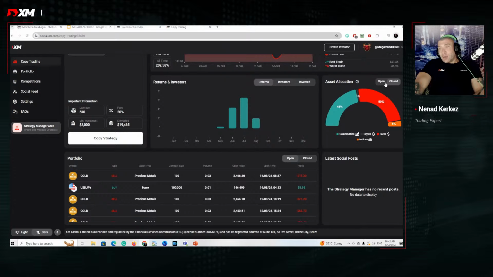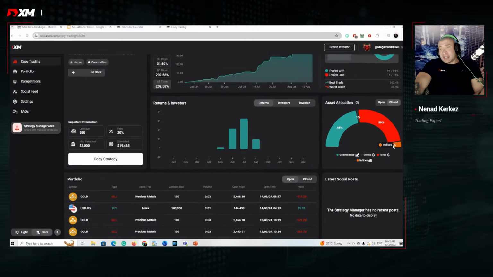Look, when you click asset allocation, you can see if it's commodities, crypto, forex, or indices. What I also like, this trader doesn't trade a lot of indices, which I also think is great because I don't trade indices.